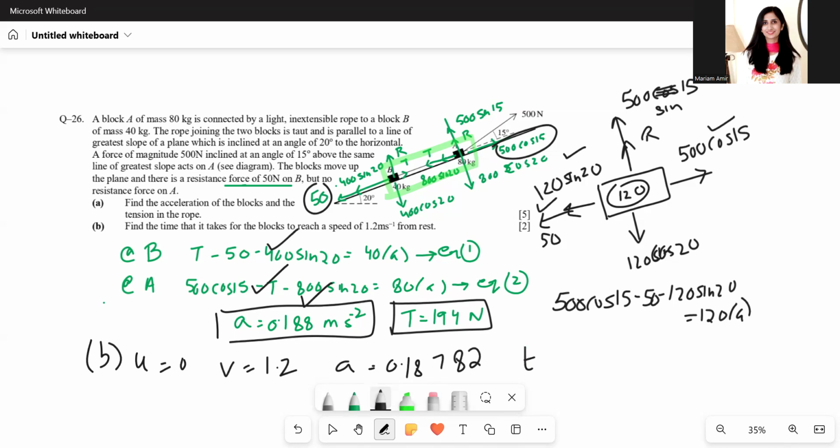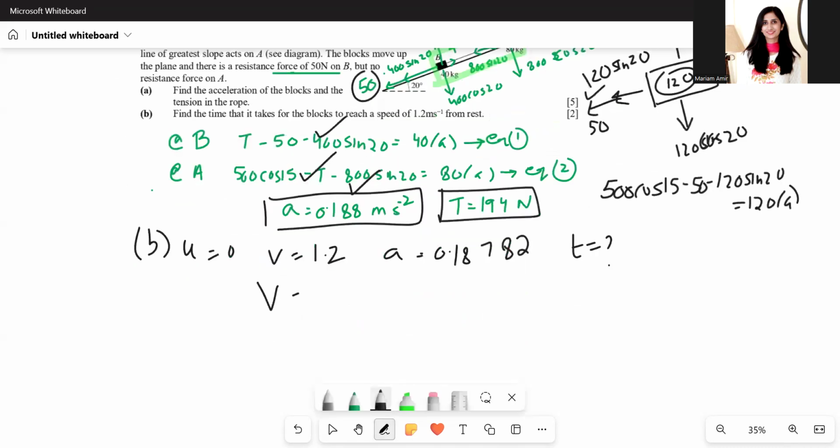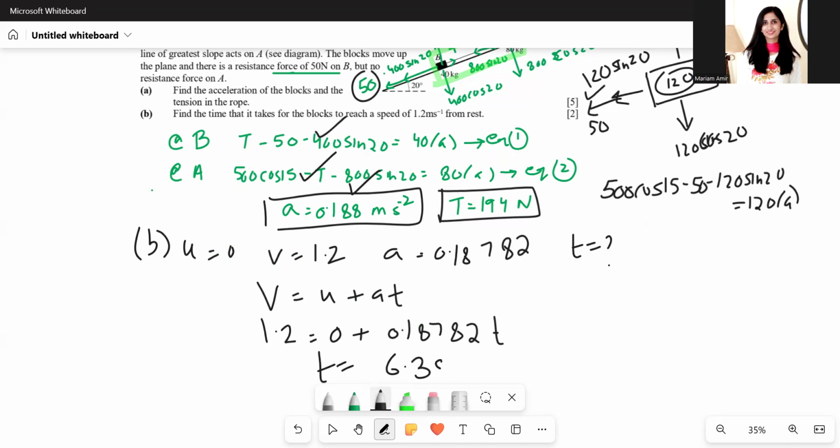Now we need the time. So we'll use v equals u plus at. So 1.2 is equal to 0 plus 0.18782 t. Divide 1.2 by that, which gives 6.3890, which is 6.39 seconds.